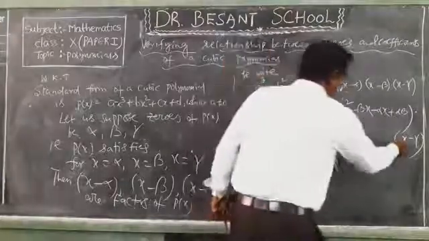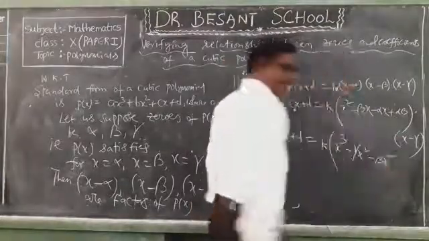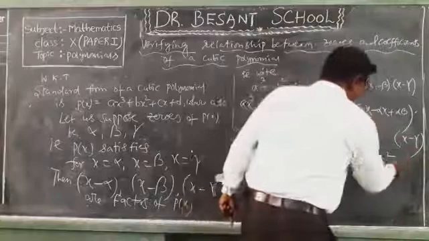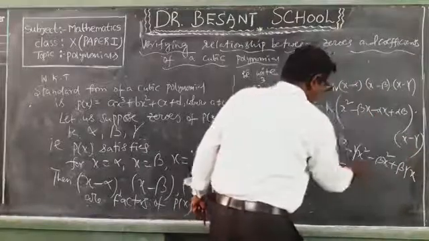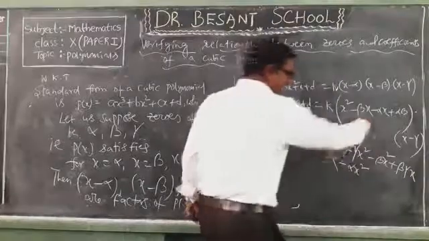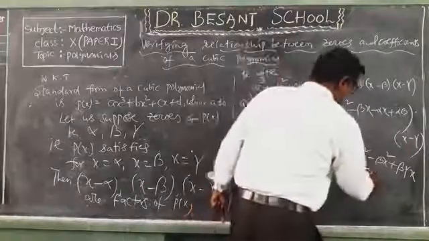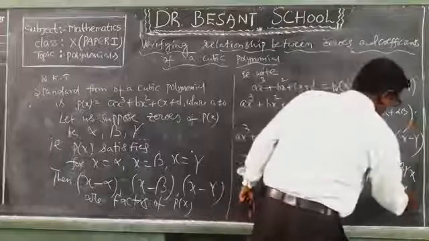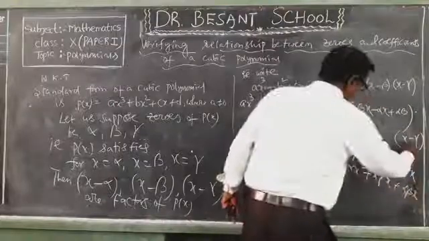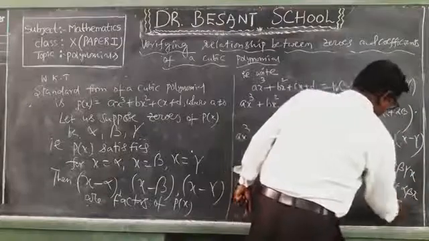Next minus beta into x, minus beta x square. Minus beta x into minus gamma, plus beta gamma x. Minus alpha x into x, minus alpha x square. Minus alpha x into minus gamma, plus alpha gamma x. Plus alpha beta into x, plus alpha beta x. Plus alpha beta into minus gamma, minus alpha beta gamma.